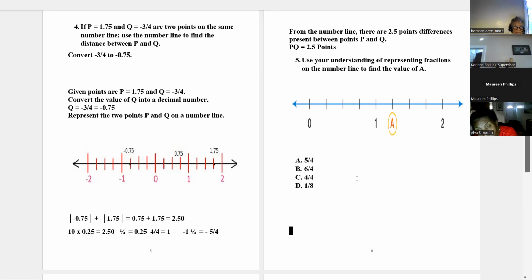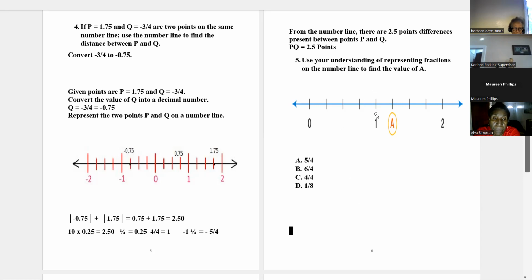Remember now, each one of these is a fourth, right? 1, 2, 3, 4. So what would it be? A, B, C, or D? Would it be C?